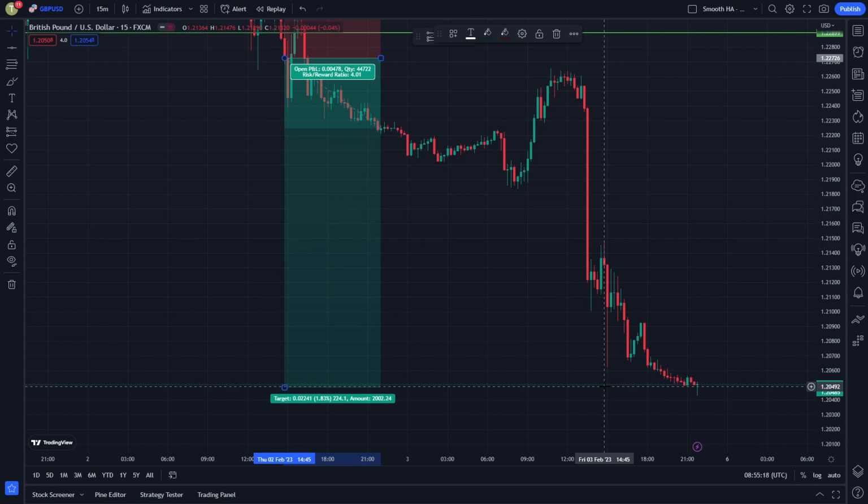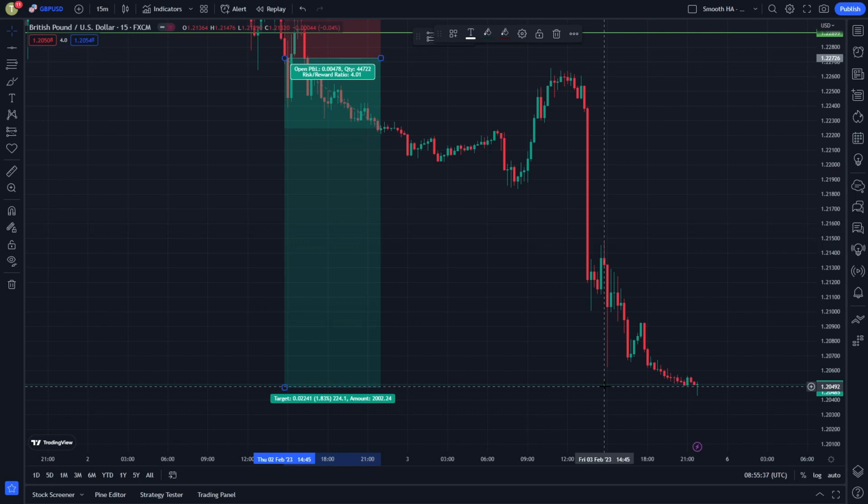Again, this is a very simple example, using really simple strategy rules. It's not part of any strategies that we trade here at WB Trading, but hopefully it's an example of how we would look to apply and scale out of a trade if we think there is potential for the trade to keep running, but also if we want to protect ourselves.